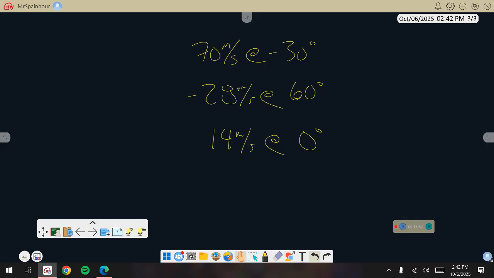Once you've drawn your first vector, you essentially reset the XY axis. It's nice for you that you have lined paper so that you can make sure that these lines are perfectly horizontal or as close to horizontal on your page. But again, I've reset the XY axis so that I can draw my protractor here. Again, like I said a second ago, negative 28 at 60 is 240, so we should be right down here.